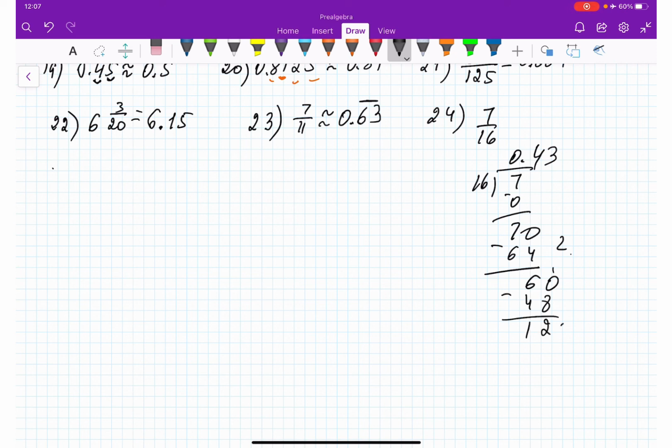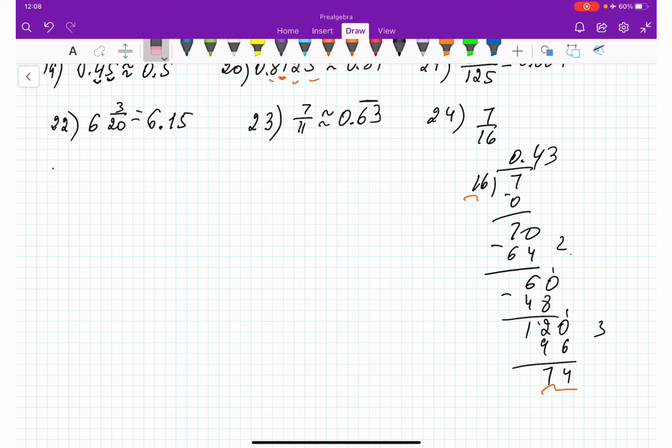10 minus 8 is 2. 5 minus 4 is 1. 120. Okay, 120. 5 times is 80, 6 times, I guess 6 times. Let's see. 6 times 6 is 36. 3 in mind. 6 times 1 is 6, and 3 is going to be 9. 10 minus 6 is 4. 11 minus 9 is 2. Wow, it's not going to work because this number is greater than this one, which means I can take the next higher.